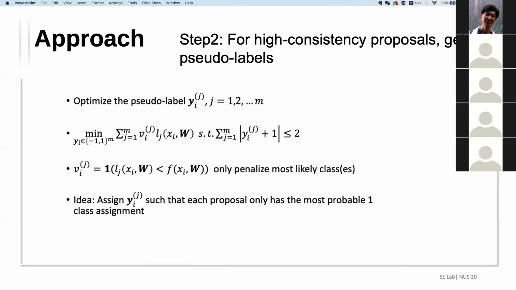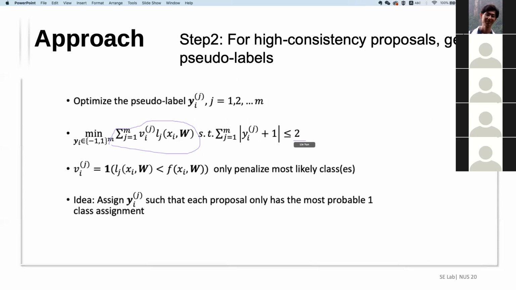Since the J sums over the classes. So this is just for one proposal, and summed together, giving this y, J together, so smaller than 2.